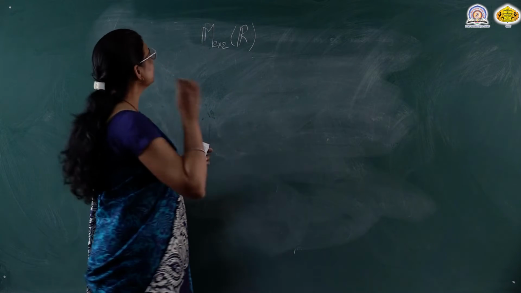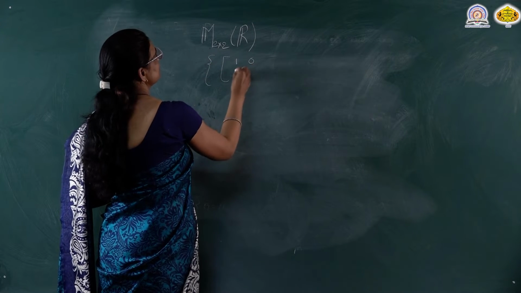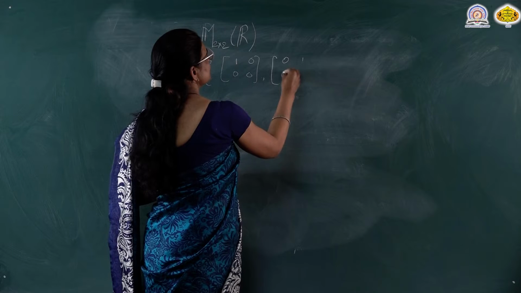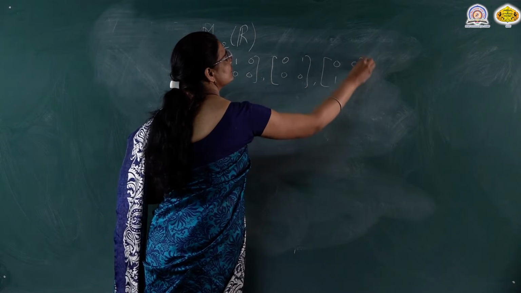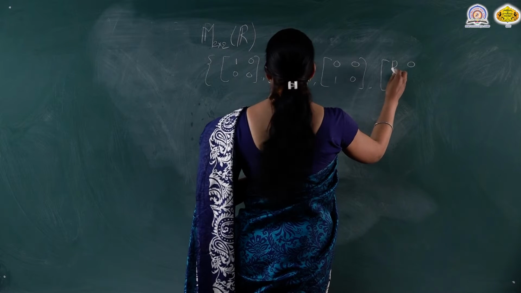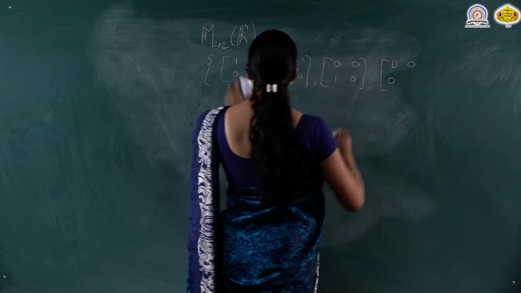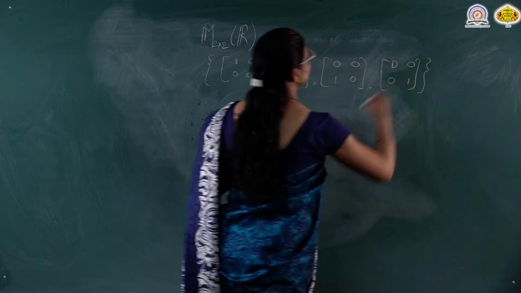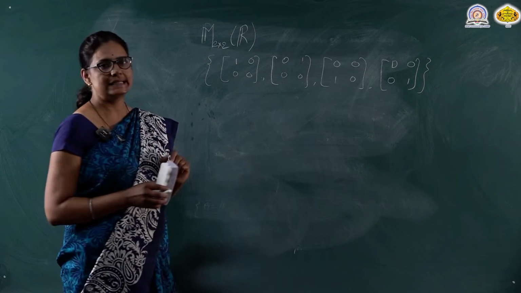Now we write one set here containing the vectors, say [1 0; 0 0], another vector [0 1; 0 0], and so on. These are the 4 vectors in this set.